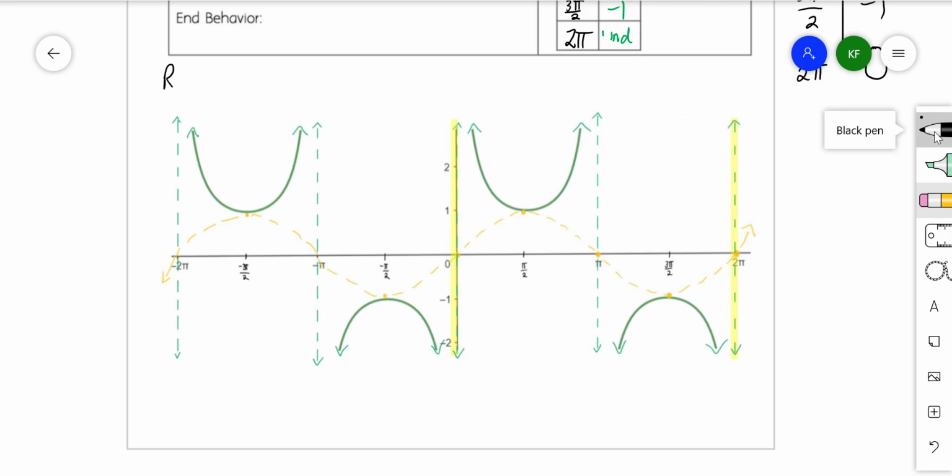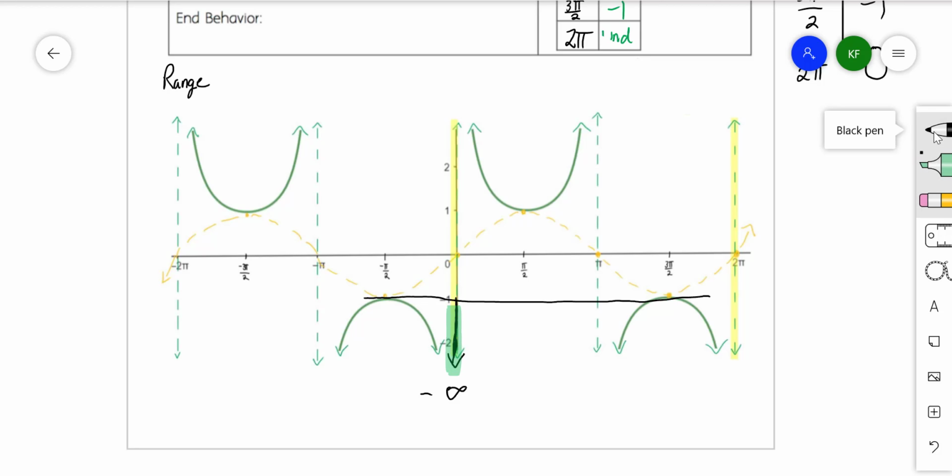Right, next we're going to work on the range. You can see the arrows down below, which means we are starting with the y values that head towards negative infinity. As we move up the y-axis, the graph will create a gap for the y's starting at -1.